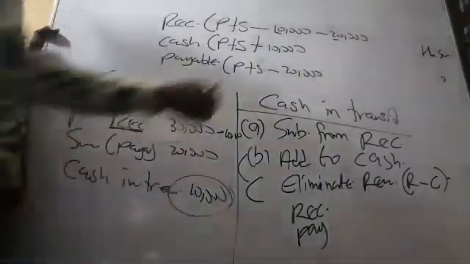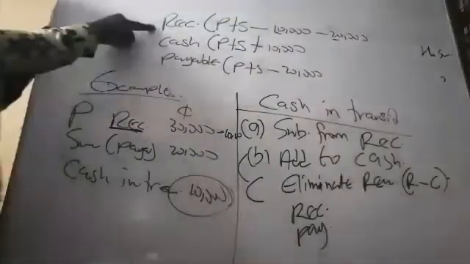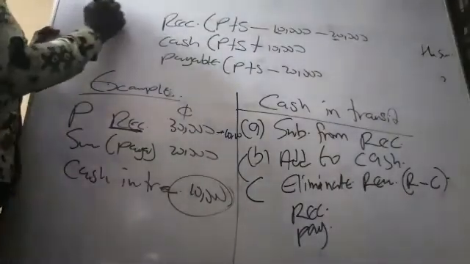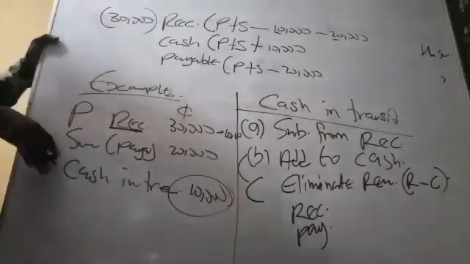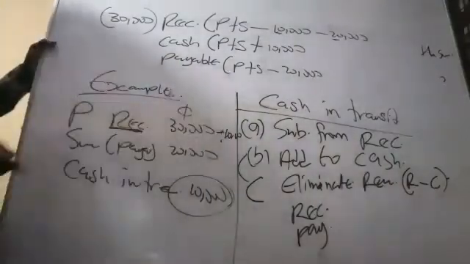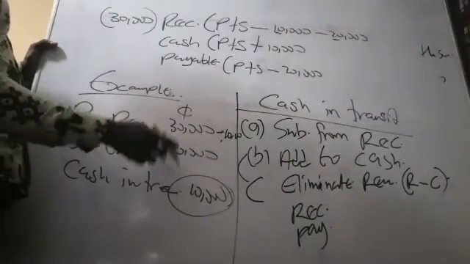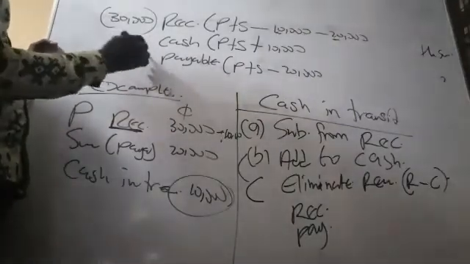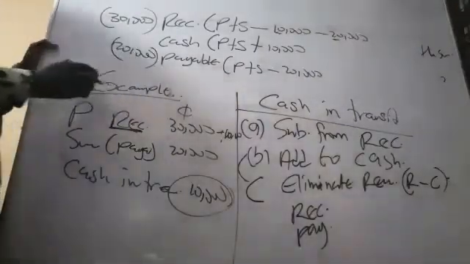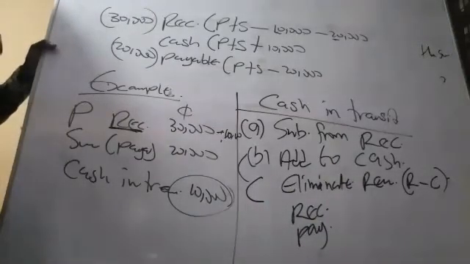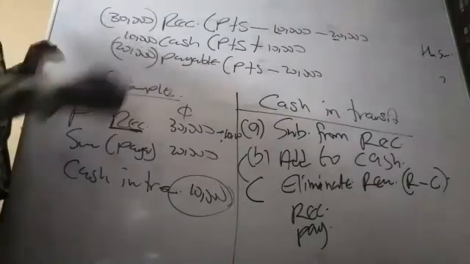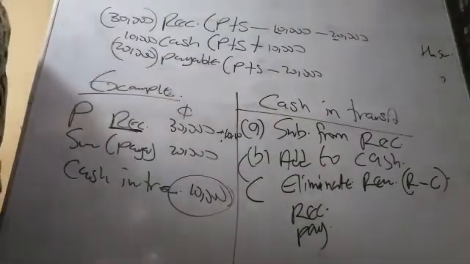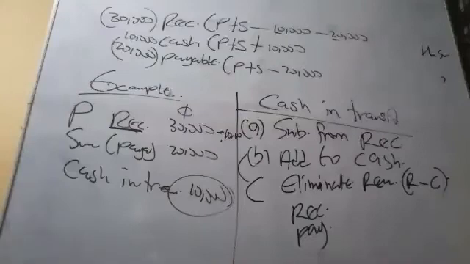Therefore you can eliminate the entire 30 from the receivable, and the payable must also go off. The difference is 10,000, which is the cash in transit. Just add it to the cash. That's all. Positive.